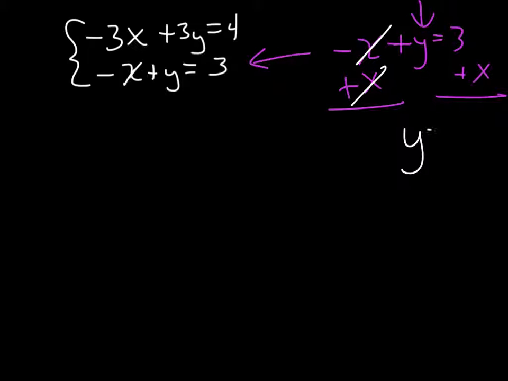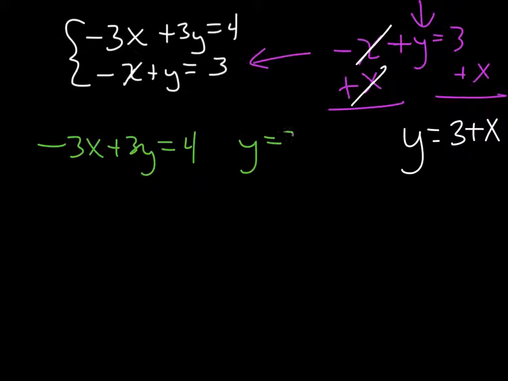I get y equals 3 plus x or x plus 3. It doesn't matter which order you put it in. Now, here are my equations. Negative 3x plus 3y equals 4. And this is my new equation of y equals 3 plus x. Remember, that's this equation right here.